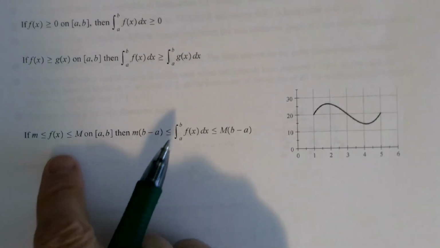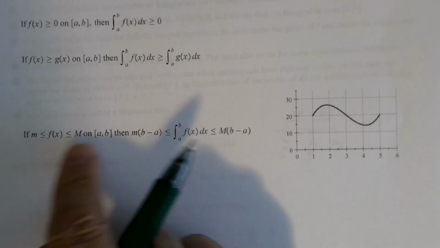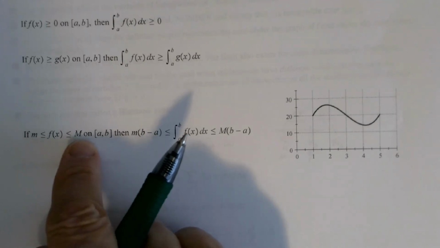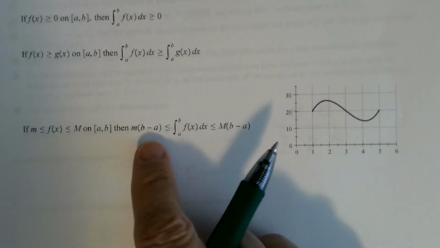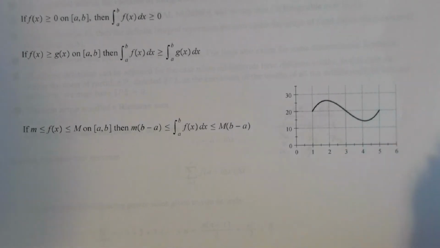And finally, if the function f of x on the interval from a to b is between some fixed lower number, I'm calling that m, and some fixed upper number called capital M, then the definite integral of the function will be trapped between these values. And I'll illustrate that with this picture here.